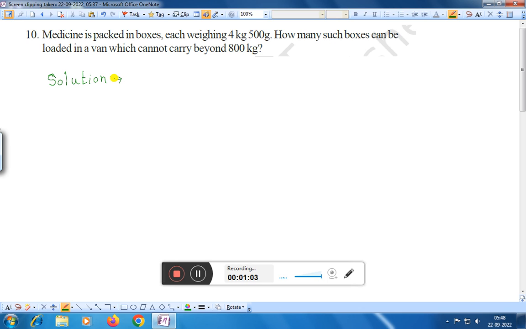Now you see, medicine is packed in boxes each weighing 4 kg 500 gram. Now the total weight the van can carry.